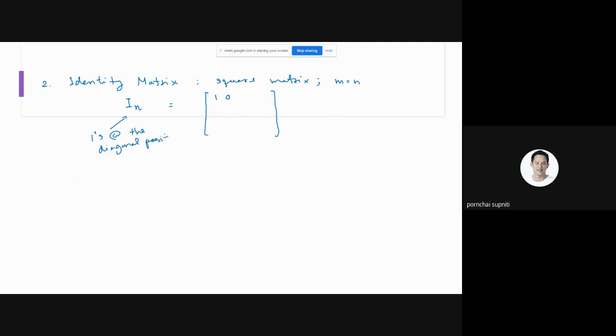So we have some numbers like these, and all the way to like this. When we say diagonal position, we mean this position.